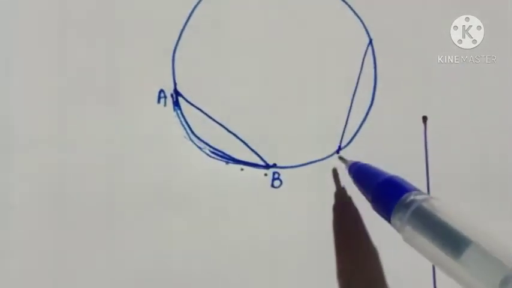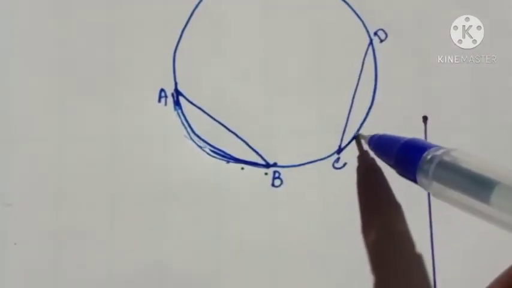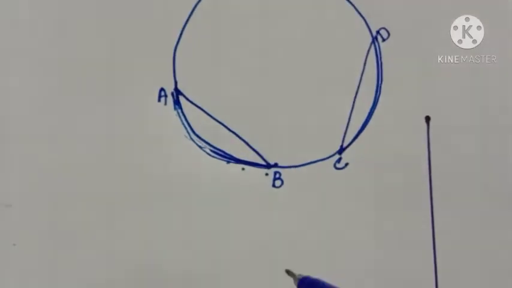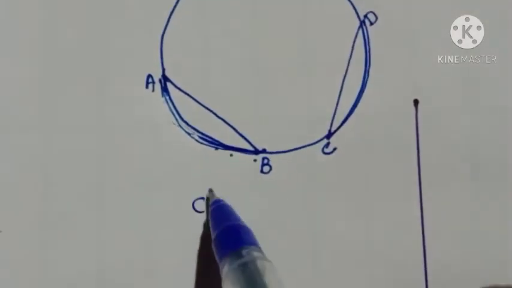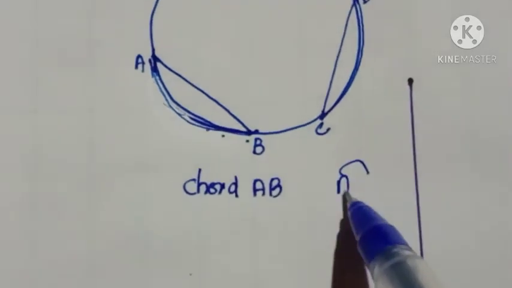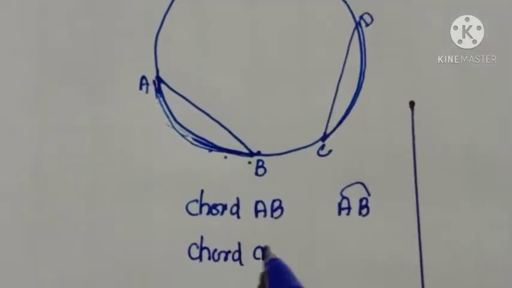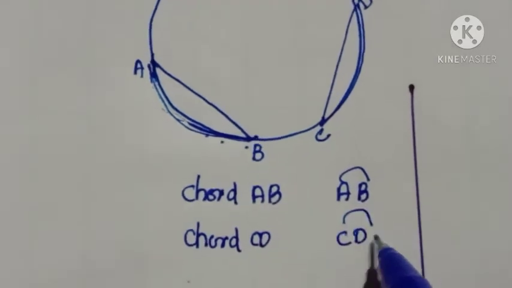Similarly, if CD is a chord, then this chord CD corresponds to the arc CD. Is it clear? So chord AB corresponds to arc AB, and similarly chord CD corresponds to arc CD.